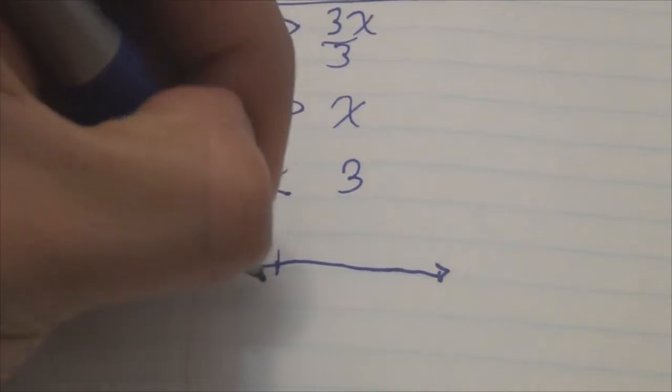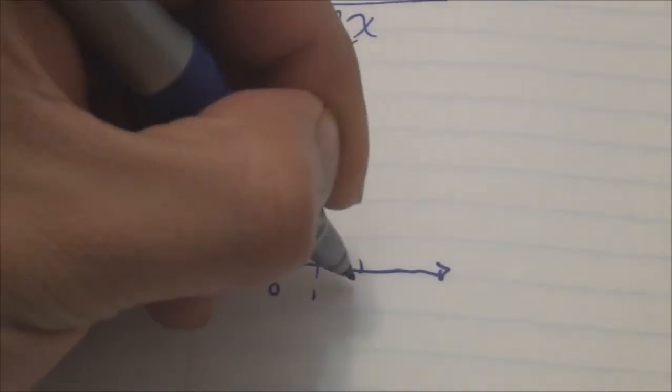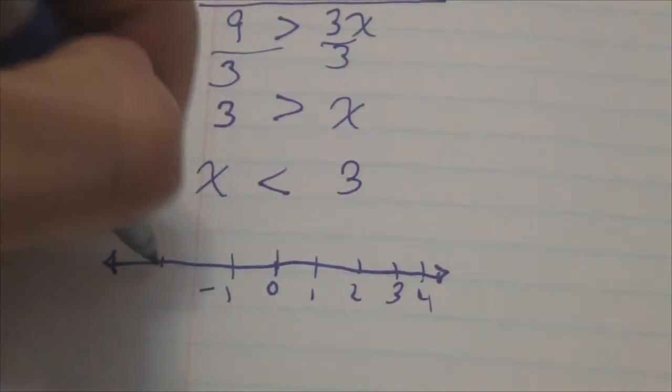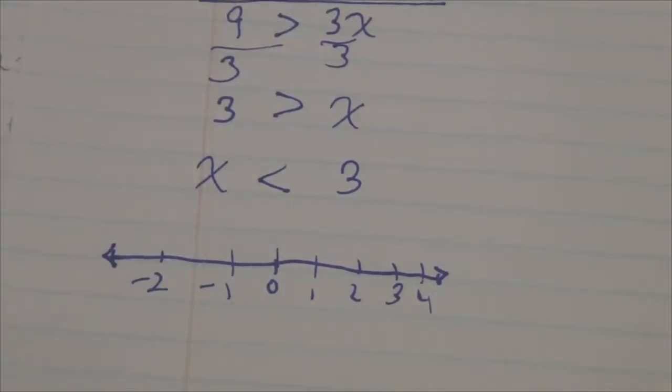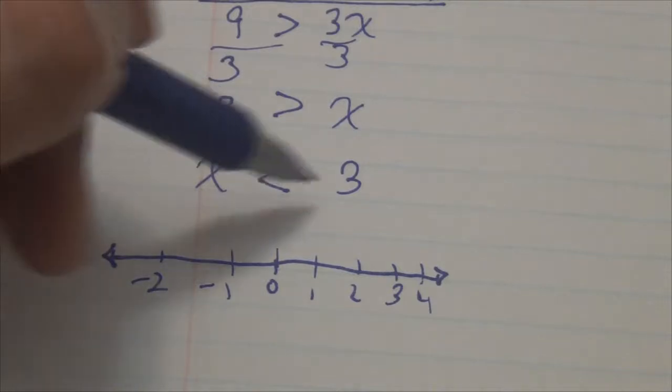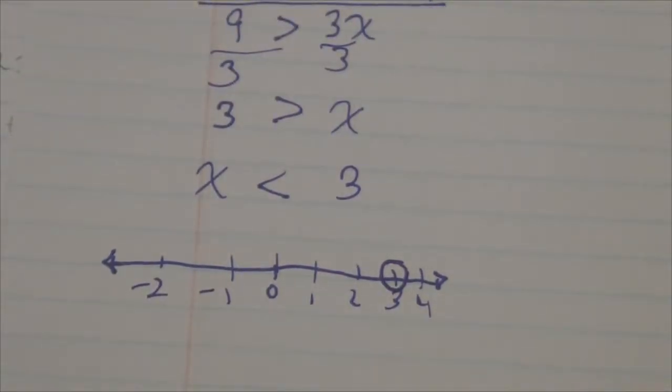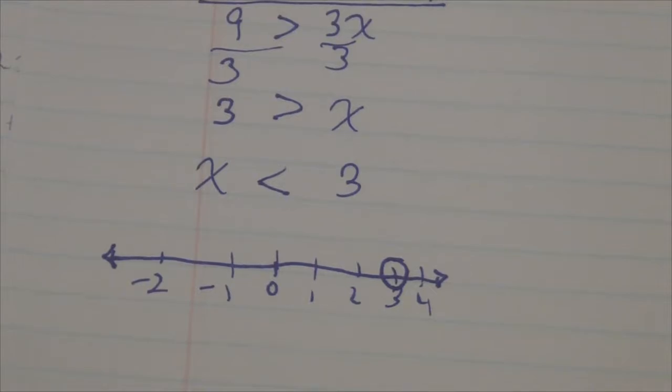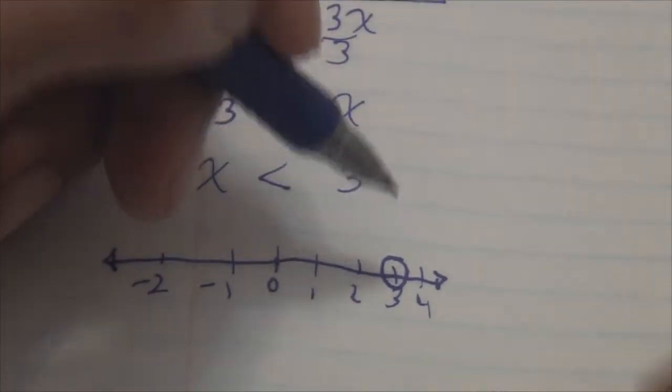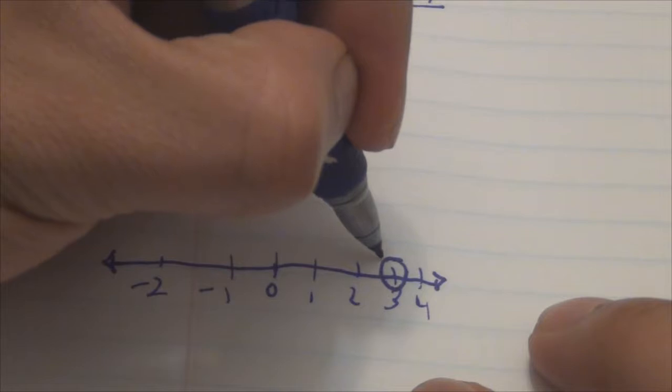So let's have the number line. So we have 0, 1, 2, 3, 4, negative 1, negative 2, and so on. So x represents all the numbers that are less than 3. So you're going to put an empty circle or empty dot or however they call it, but it's going to be empty, like my feelings right now.